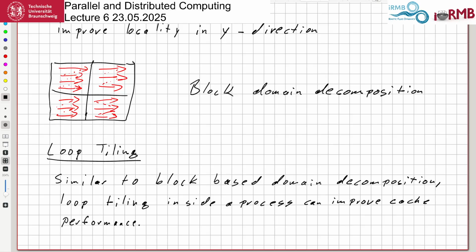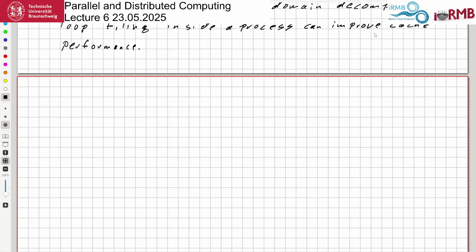So, let's try to do this by an example. And the classical example for this is matrix multiplication.